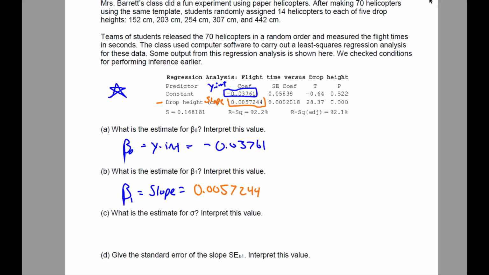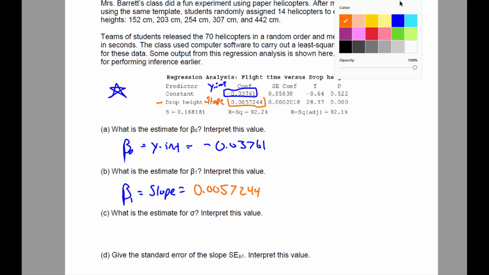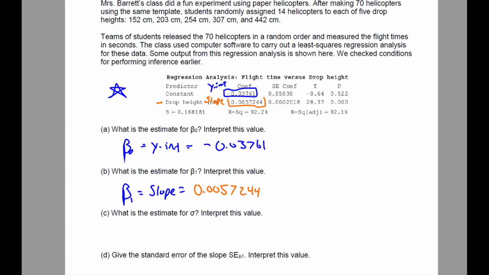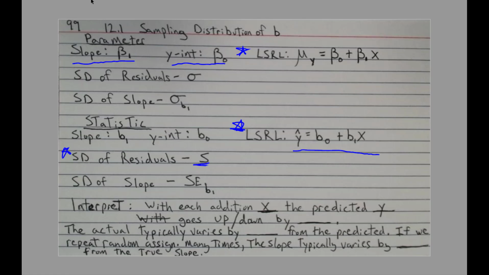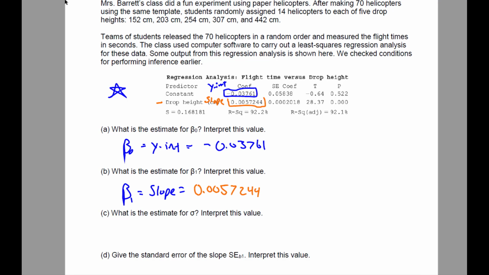For the next one, it's saying, what is the estimate for the standard deviation? Well, for the standard deviation, what we talked about over here, standard deviation of residuals, is your S value right here. So we're looking at our S value. That's this guy right there.